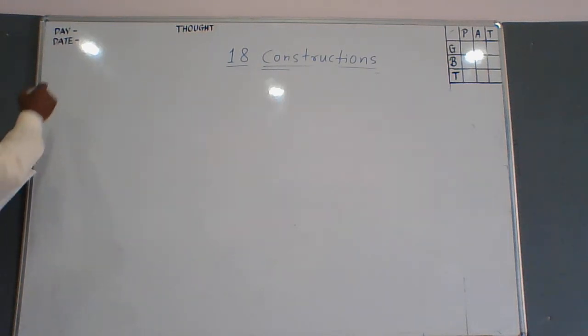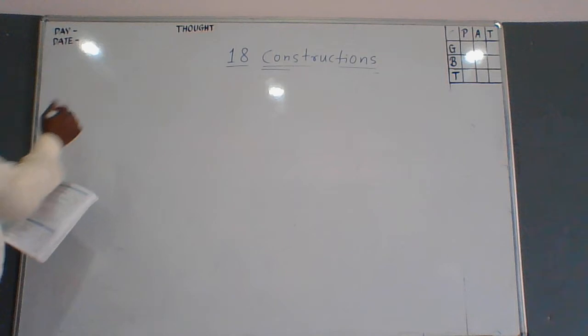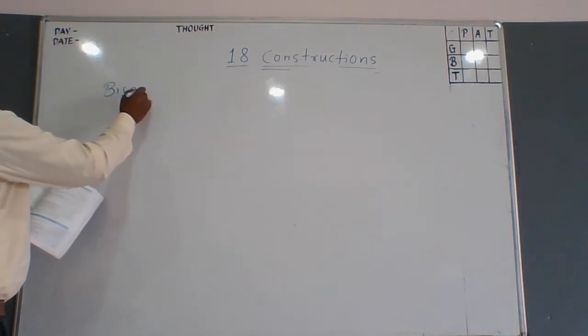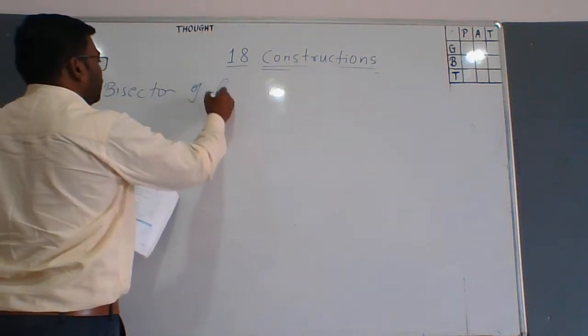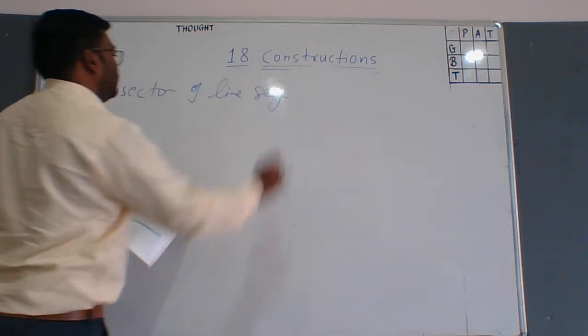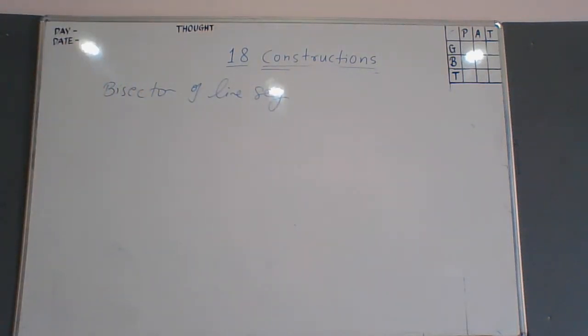Fourth, bisector of a line segment. Now what we have to do in it?